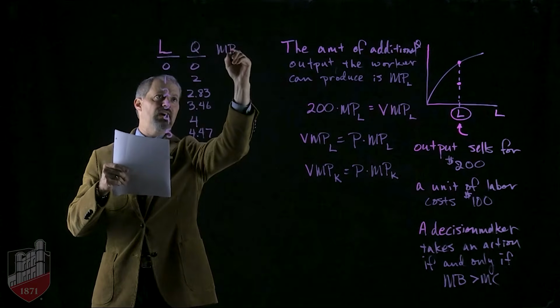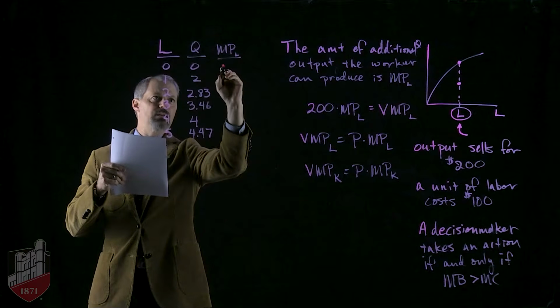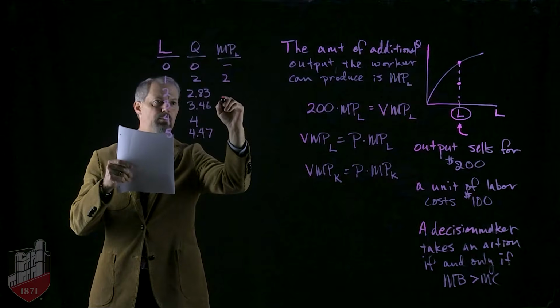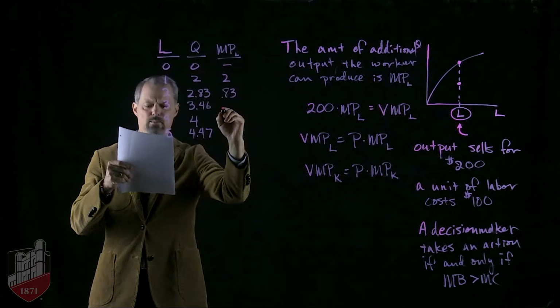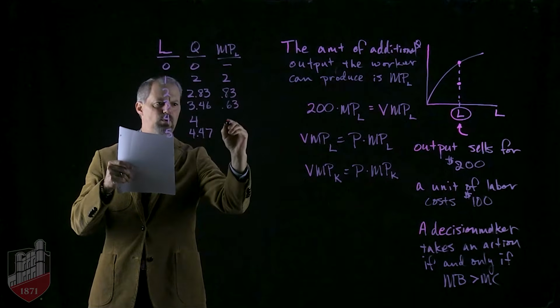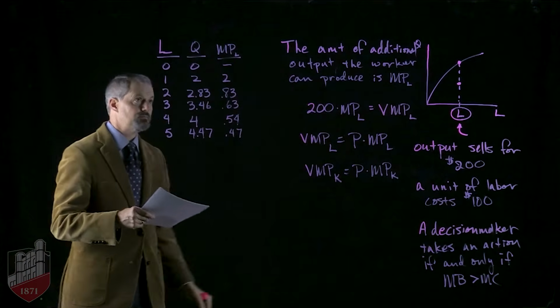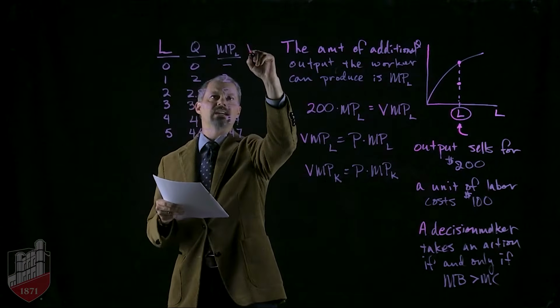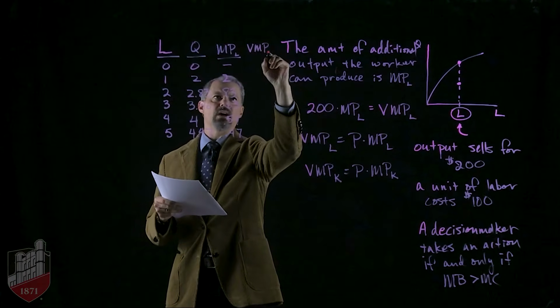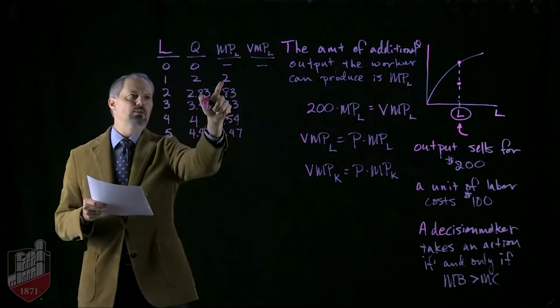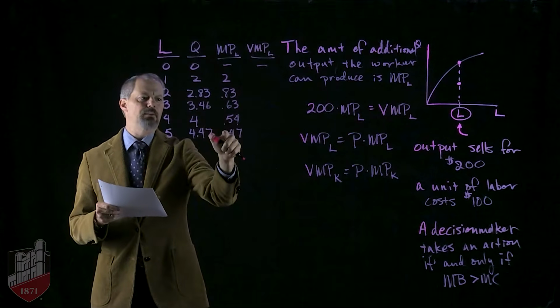And we also calculated the marginal product of labor. That was 2, it was 0.83, 0.63, 0.54, and 0.47. And then we could quickly calculate the value marginal product of labor by taking the marginal product here and multiplying it by 200.